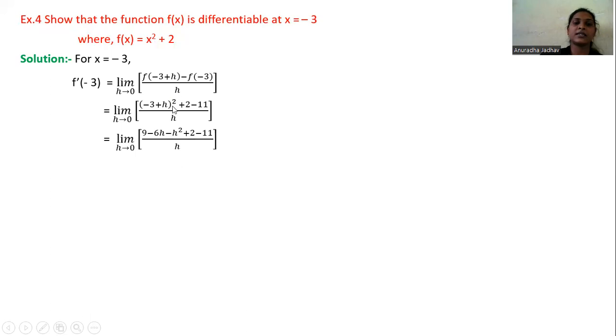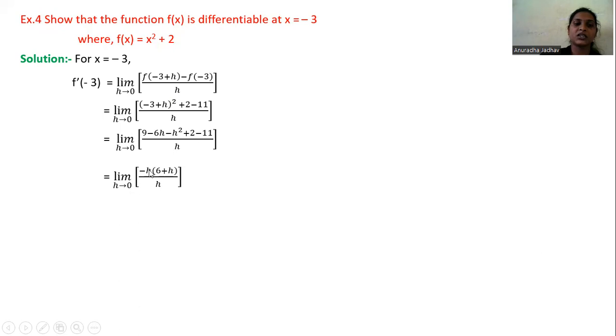Again expanding this, -3 plus h bracket square, that is 9 minus 6h plus h square plus 2 minus 11. Here again 2 minus 11 is -9. -9 plus 9 is 0. That is minus 6h minus h square.